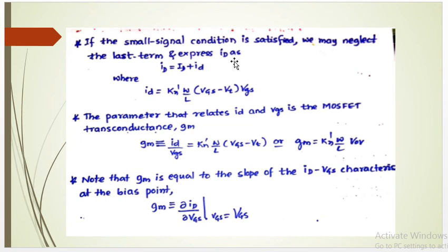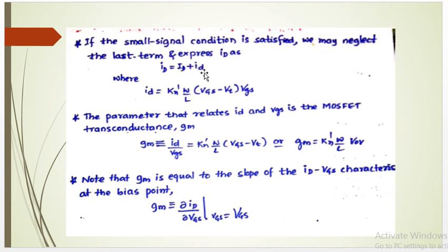If the small signal condition is satisfied, we may neglect the last term and express ID as follows. Now what is this symbol? This symbol is the instantaneous drain current. What is the second one? This symbol corresponds to the DC bias current.